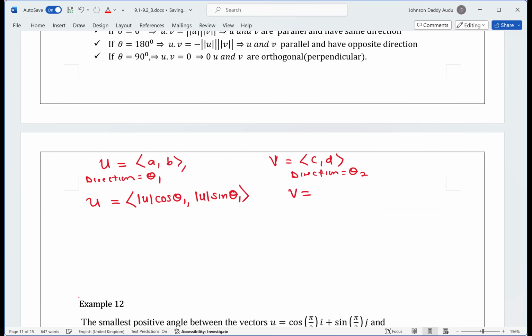Also v, we can write as the magnitude of v cosine theta 2 and the magnitude of v sine theta 2. So these are the two vectors, u and v. Now, what is u dot v? The dot product is just going to be this, remember, this is theta 1.